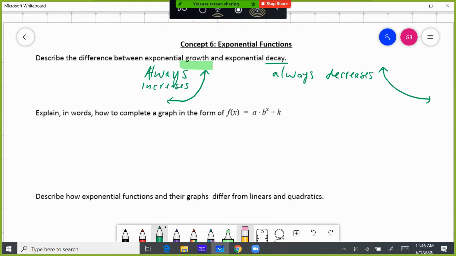Explain in words how to graph in the form a times b to the x plus k.